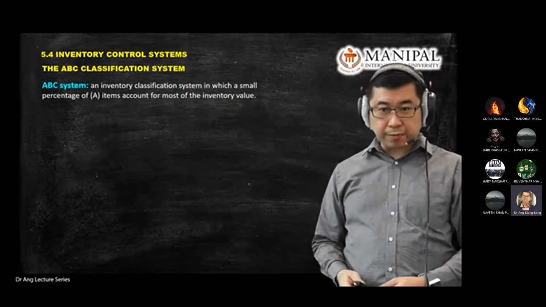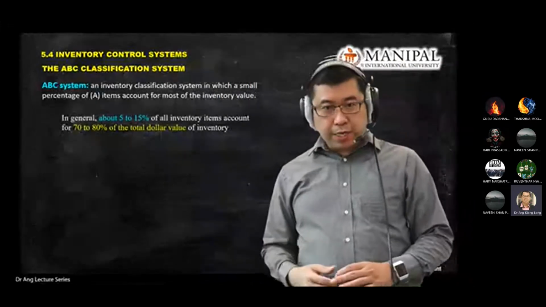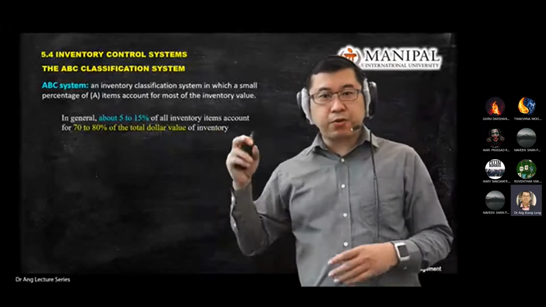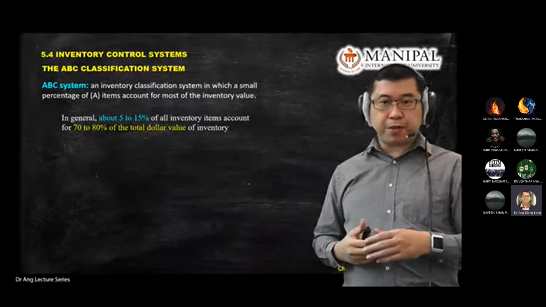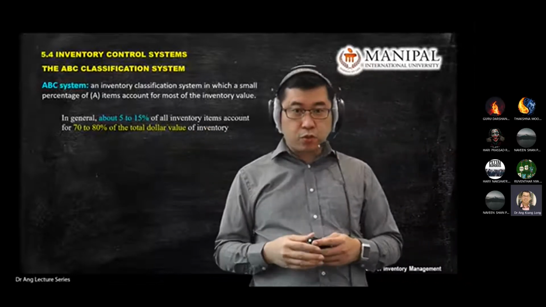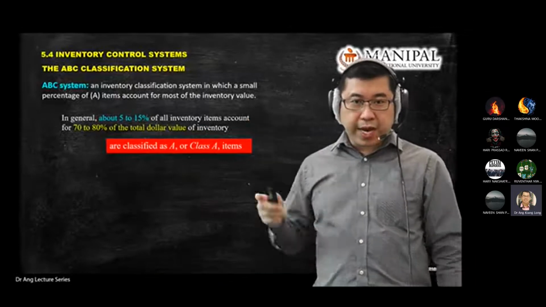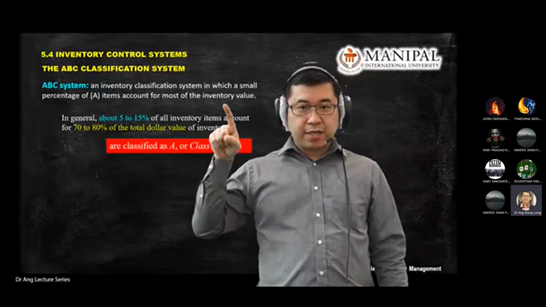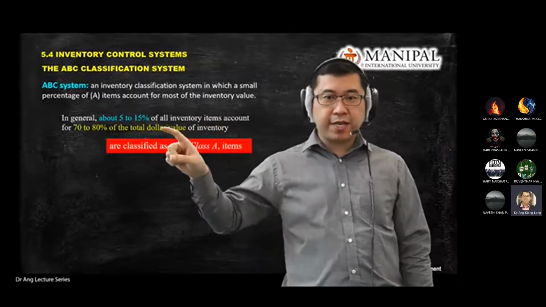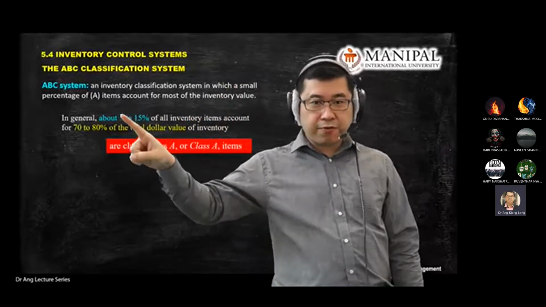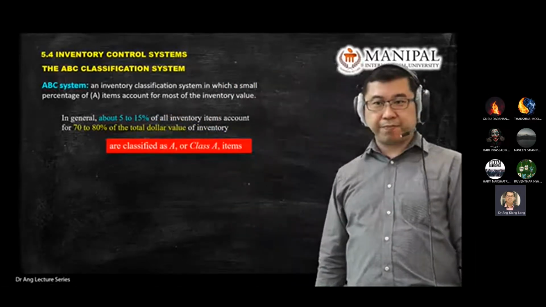Okay, I'll give you one example. Normally how you set ABC depends on the company, but in principle, it will fall into this category. So you look at the numbers in total. Let's say the item is 5 to 15% of all the inventory.